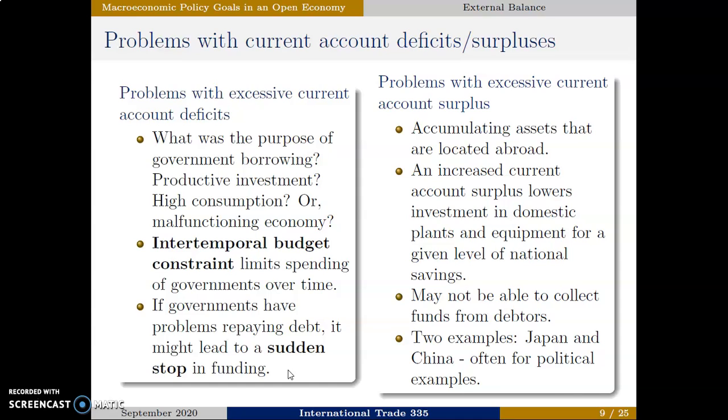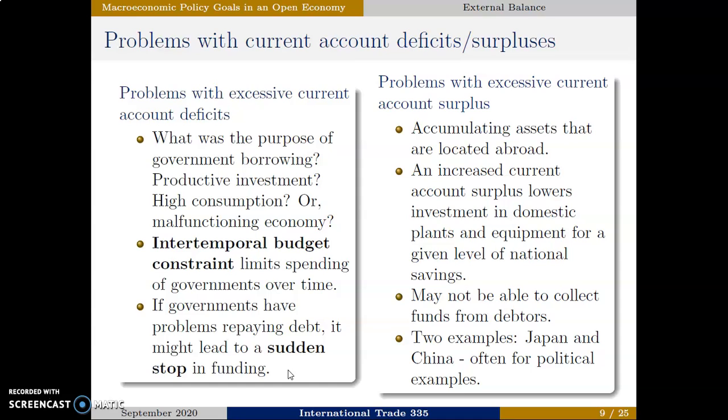Problems with a large current account surplus include that the government accumulates assets abroad rather than domestically. When there is a large current account surplus, domestic investment in plants and equipment is lowered for a given level of savings. This leads to the breakdown of domestic capital.